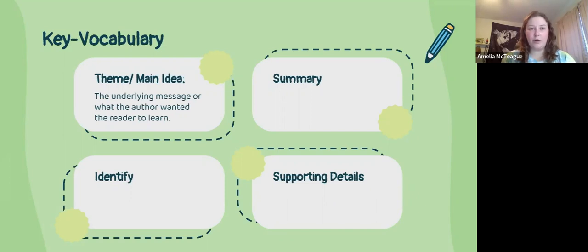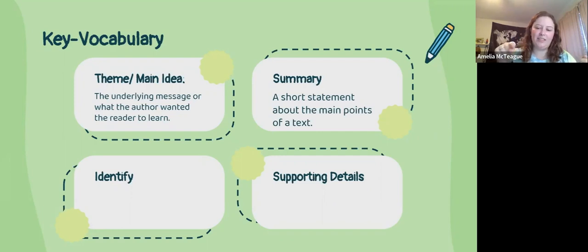Some other words we are going to want to look at for this lesson are going to be identify and supporting details. To identify is to find or indicate in the text. So when I ask you to identify something, I want you to be able to prove your answer. So when we're looking at a text, we can identify something by highlighting it or underlining it and saying, this is where I got my answer.